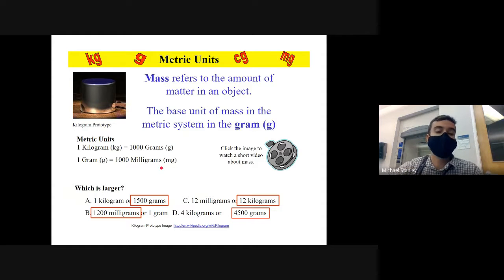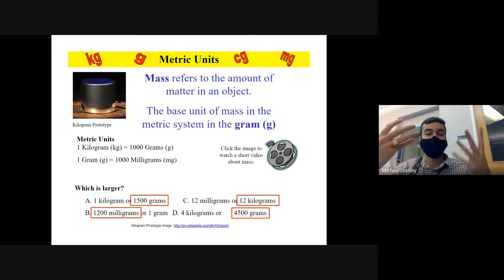So milligram, very, very small. Gram, still pretty small and light. And then kilogram is relatively hefty. But again, this is for mass, for the weight of something. So gram is the base unit, and then you go bigger, you get kilogram. You go smaller, you get milligram.